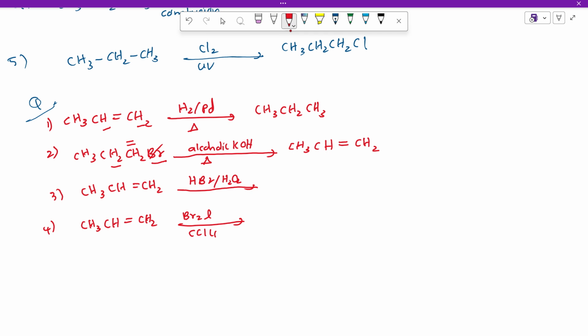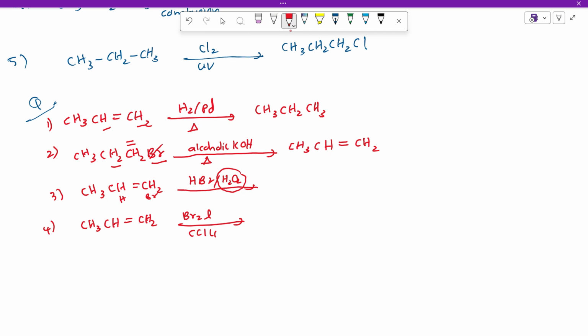Next question, CH3CH double bond CH2, you are given HBr and peroxide. Here it's hydrogen peroxide. There you add the hydrogen and a Br to the region given. That means you can add extra hydrogen to here and a Br to here. What we mean by this peroxide is that this Br should be added to the end, not in the middle.